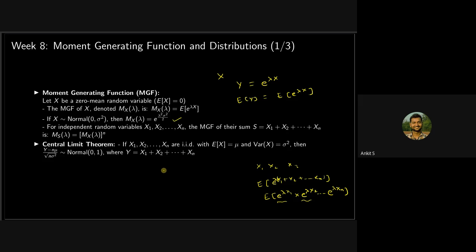So why do we have square root of n sigma squared here? Can anyone tell me?